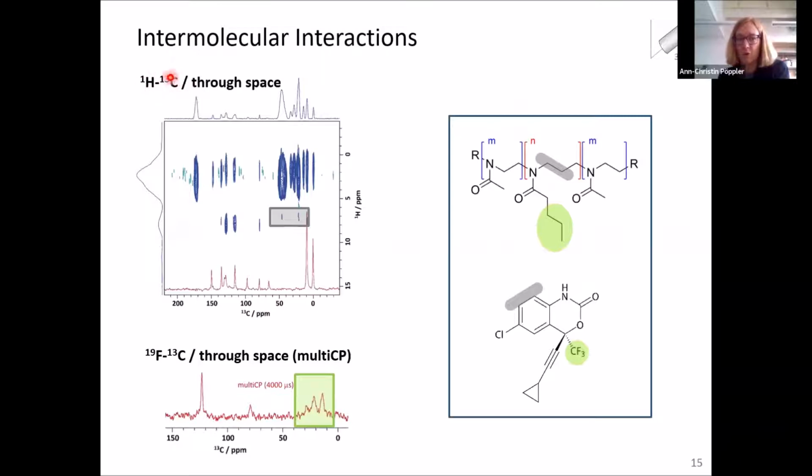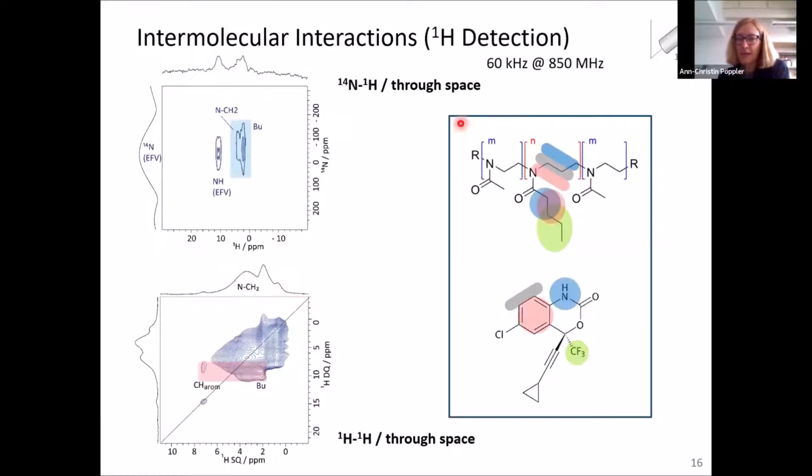So you can do proton-carbon, and you can see that the aromatic side groups are in proximity to the backbone of the polymer. You can do fluorine to carbon through-space proximities, and we found that this CF3 group is close to this hydrophobic chain. We can do this with proton-proton and with nitrogen-proton and can then complete to actually show the different proximities.